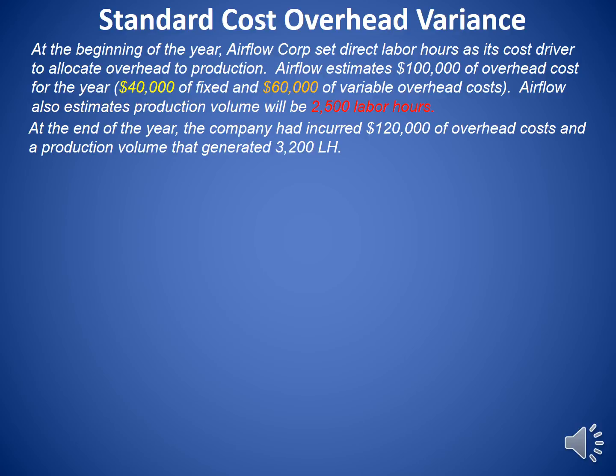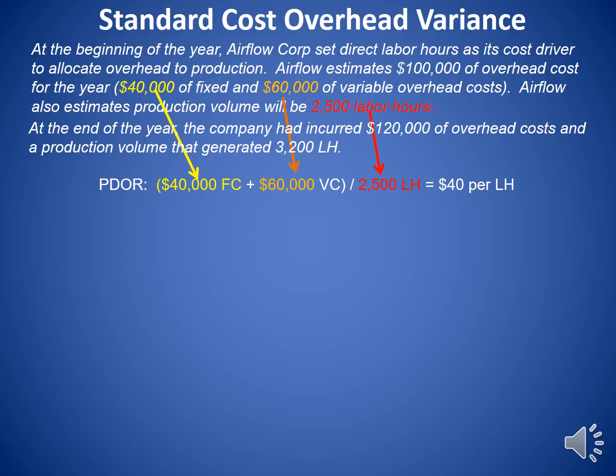Now, that's basically how we're going to determine our predetermined overhead rate. Now, at the end of the year, the company had incurred $120,000 of overhead costs. Those are the actual. And a production volume that actually generated 3,200 labor hours. So let's start off with the calculations.